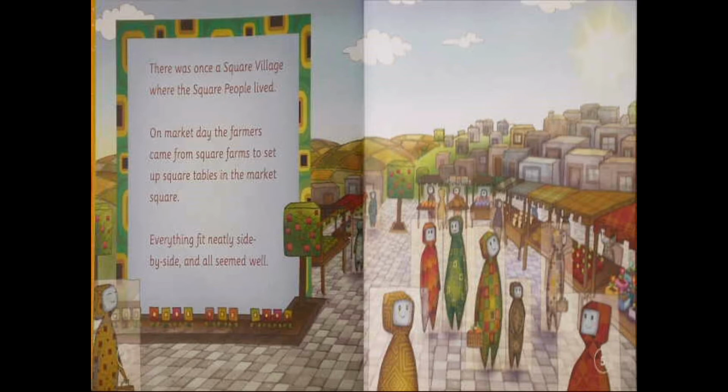They all seem to be in this rectangle that goes all the way around each individual. I'm supposing, when we first look at this, that it's telling us that this is the area in which they live. Even the trees are square, and the plants, the buildings. And it says everything fit very neatly, side by side.